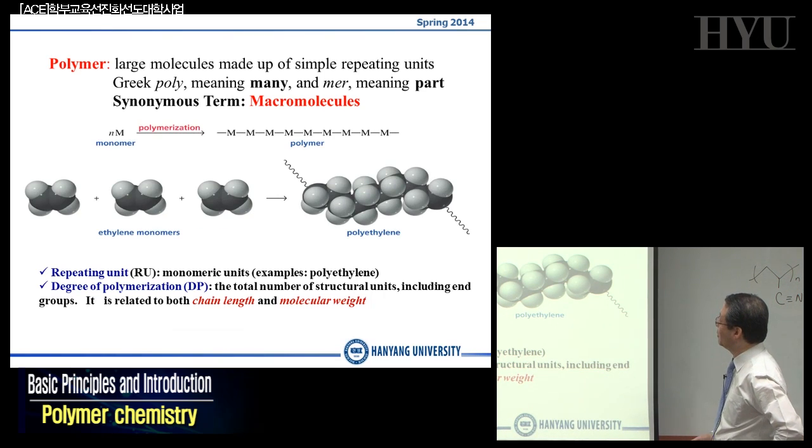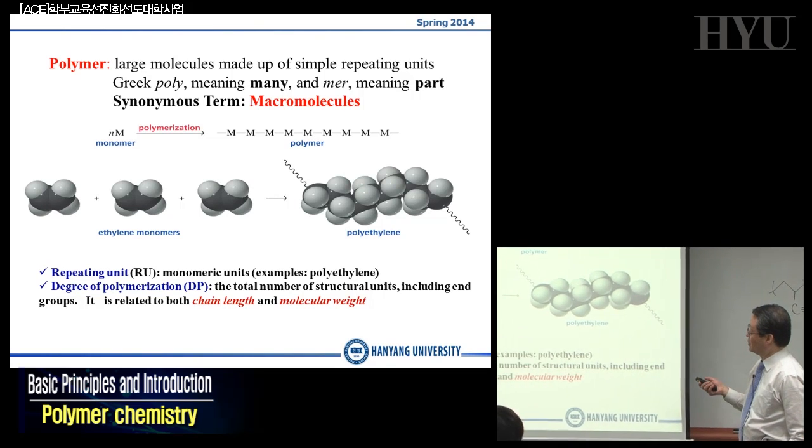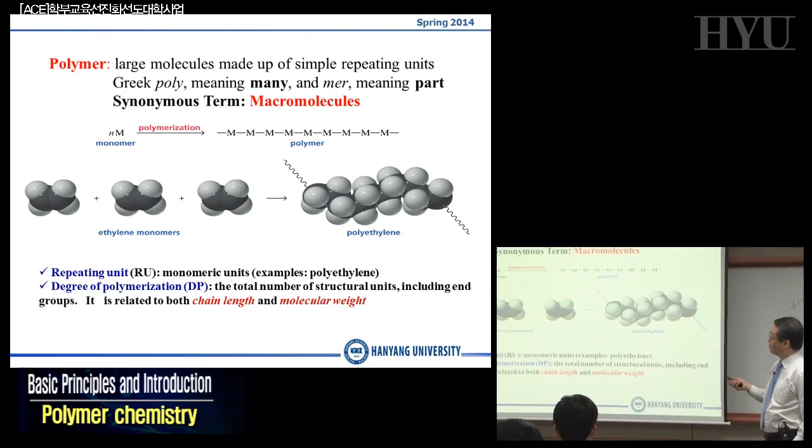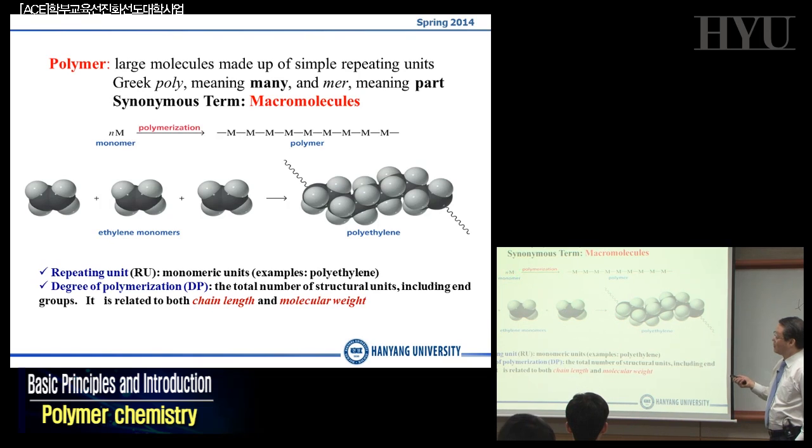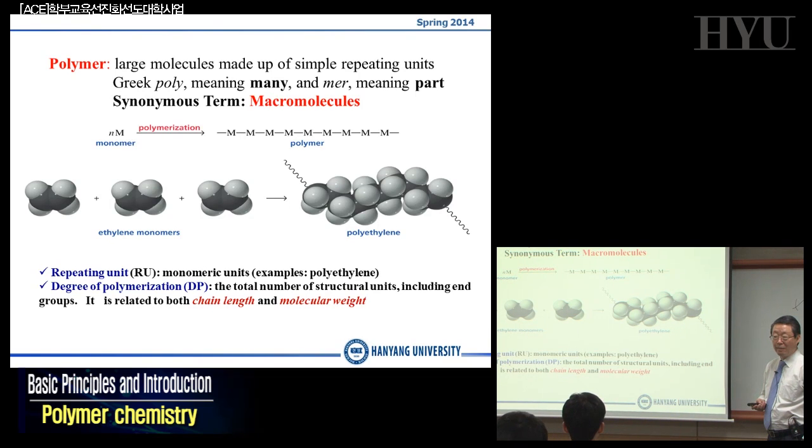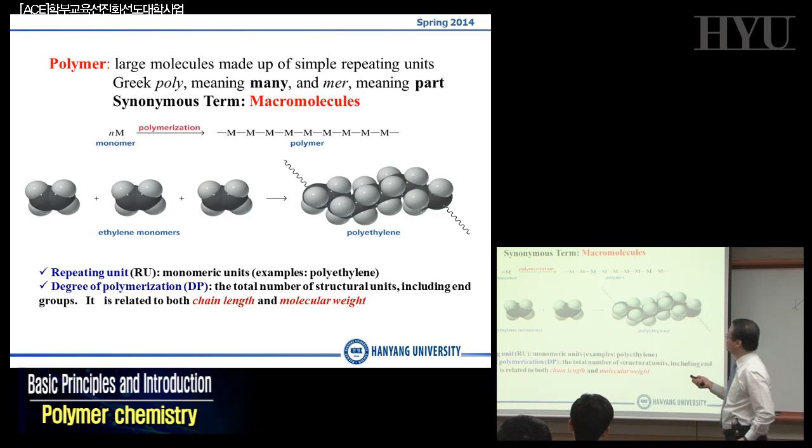So the general equation is that if you have a monomer M, and small n is the number of moles of your monomer, it undergoes polymerization and becomes this molecule.